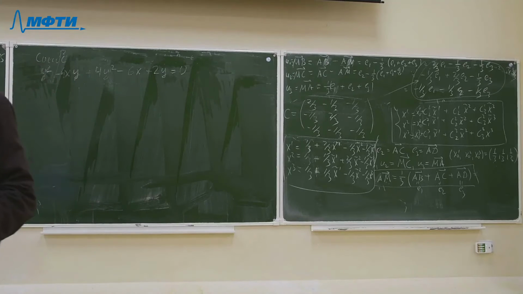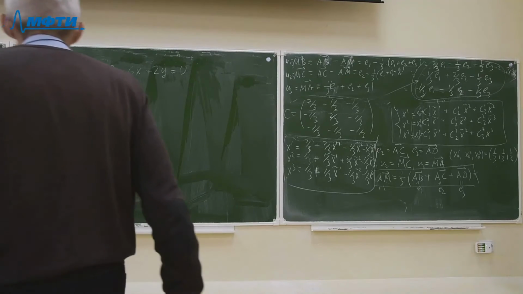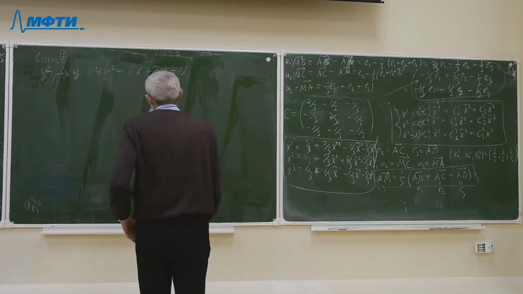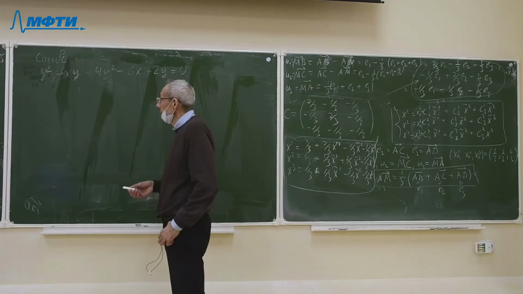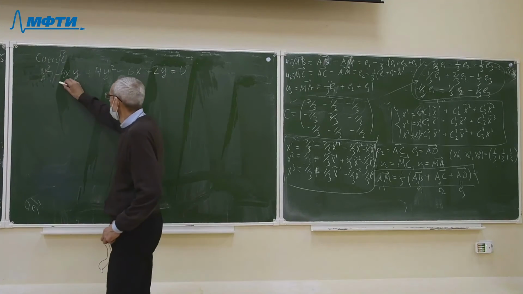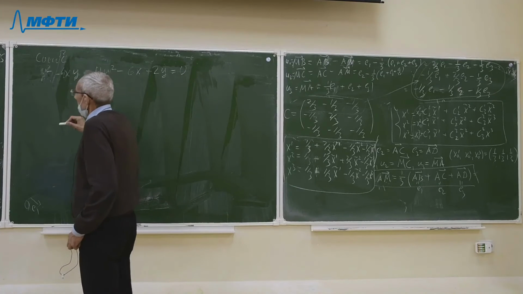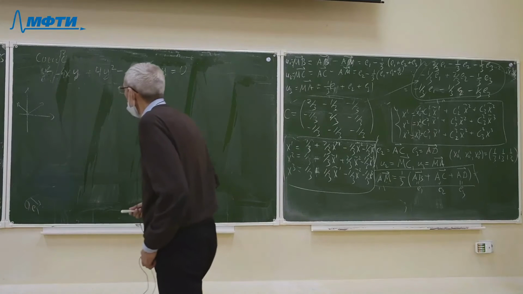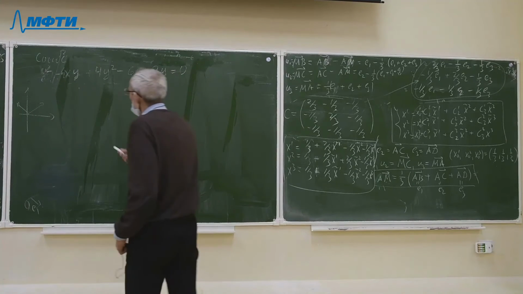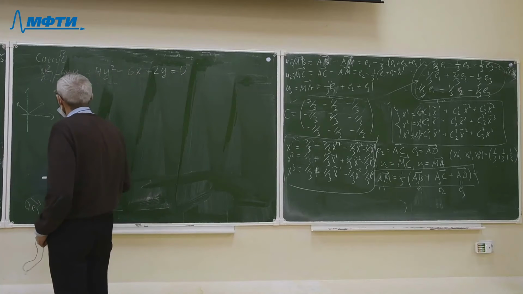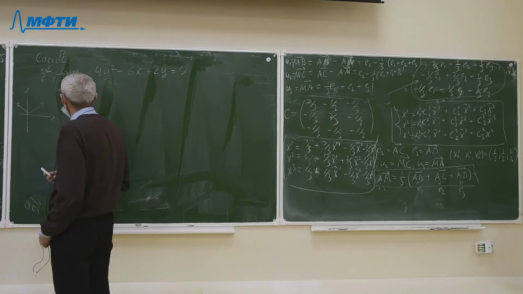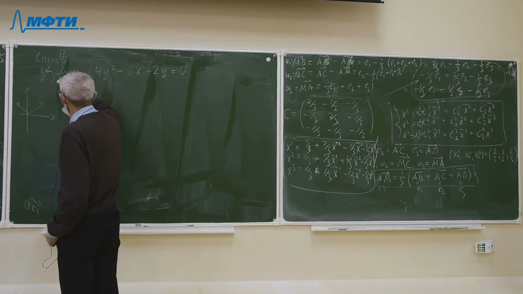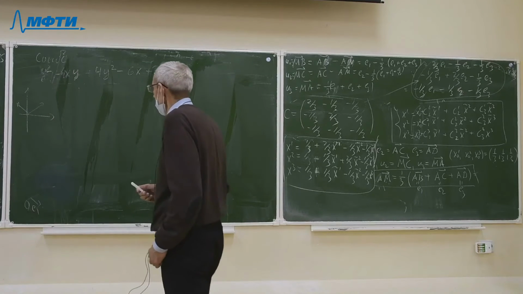The first way to solve this problem is to use the formula which was given in the lecture and compute the angle of rotation: how to rotate the coordinate system and how to obtain the canonical equation, how to kill these terms, how to find the angle of rotation.